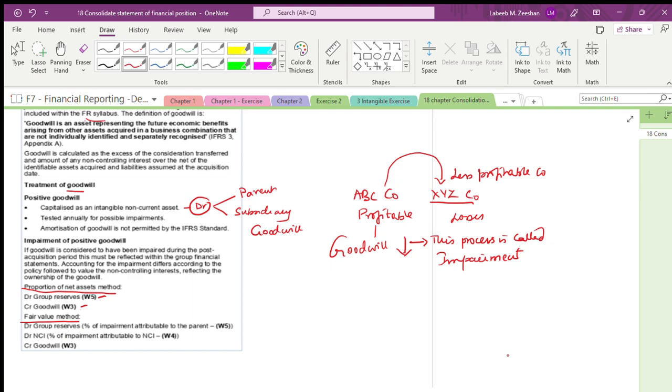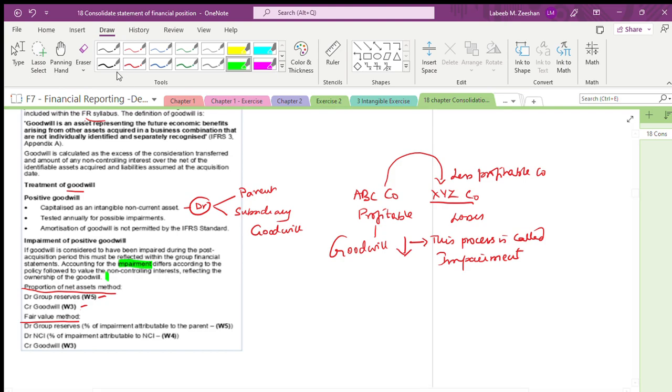If there is any impairment, accounting for the impairment differs from the policy. Goodwill will decrease. Debit all expenses and losses, credit all incomes and gains.